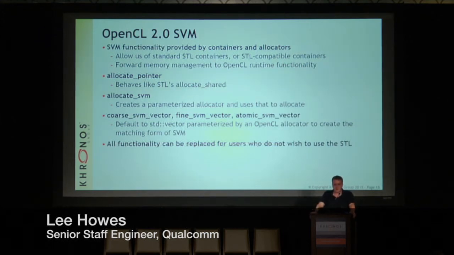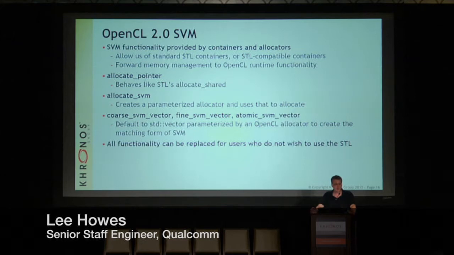So the shared virtual memory functionality is provided by containers and by allocators, as well as, in the extreme case, allowing free pointers. The reason we've added various different mechanisms is because OpenCL itself has various different capabilities on different platforms. Some devices only support coarse-grained SVM, which still requires map and unmap operations under the hood.